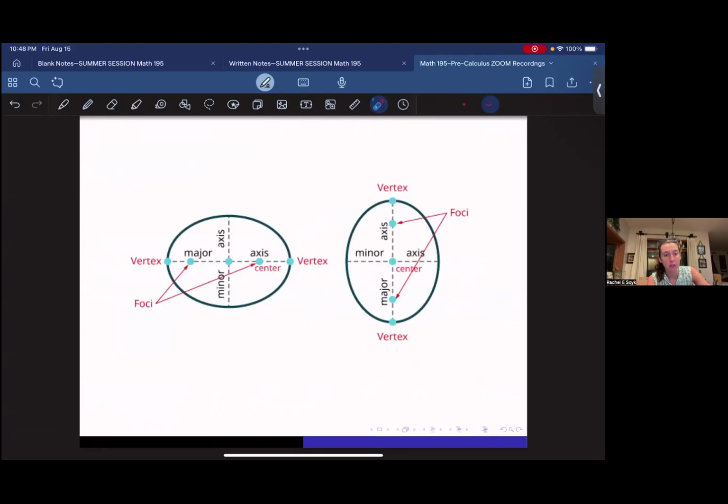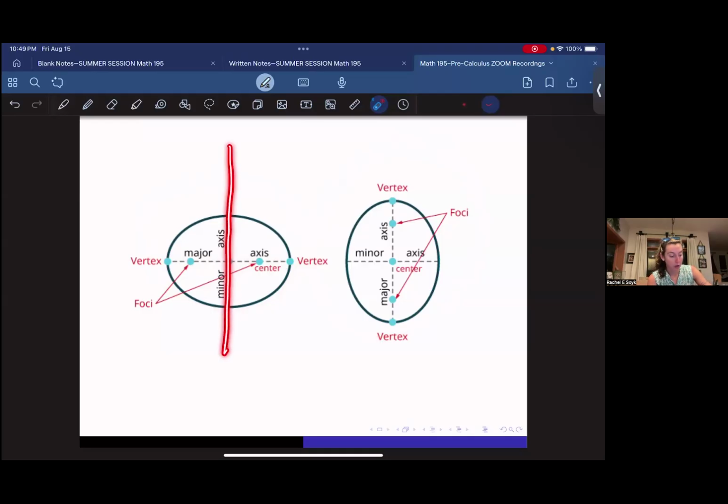And then this is just a visual of looking at your minor axis being smaller in length compared to your major axis. I mean, major axis is always going to be larger in length, but the differences between these two is looking at it from an XY coordinate plane.